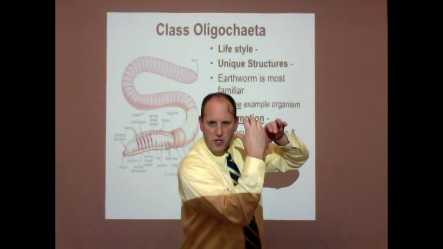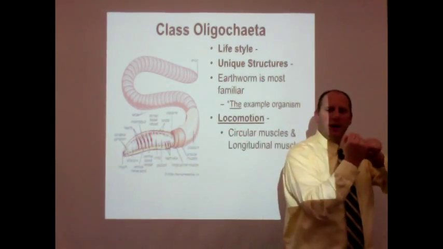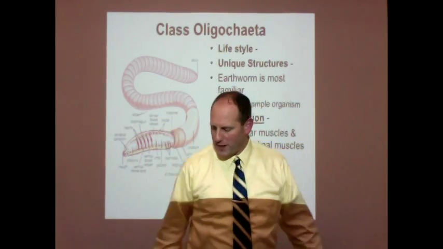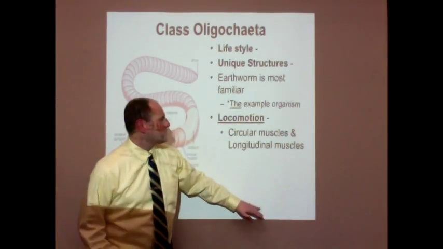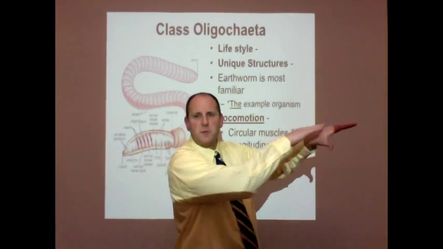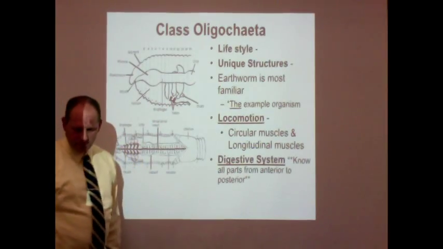Then the circular muscles squeeze down again, and the long muscles pull the rest of the body up. So as it squeezes and squishes forward, it pulls the rest of the organism up behind it. They use this combination of circular and longitudinal muscles to squish themselves forward and pull themselves up, squish forward and pull up.